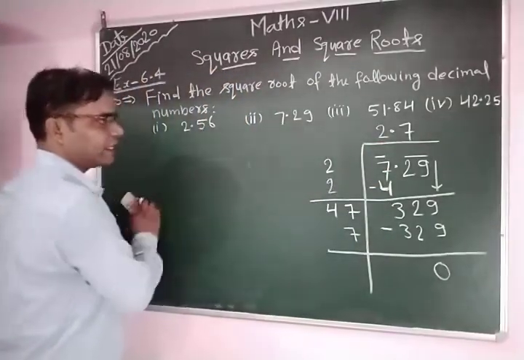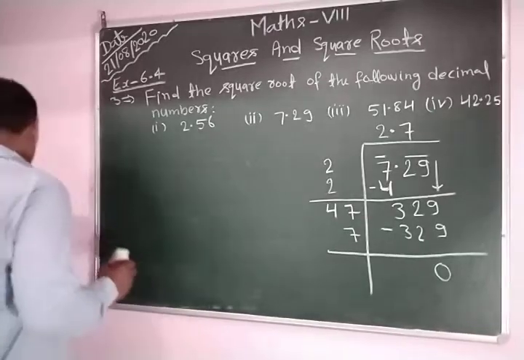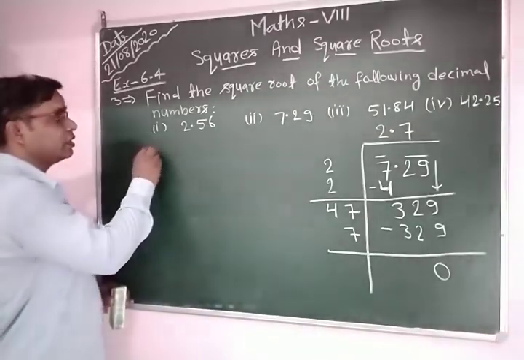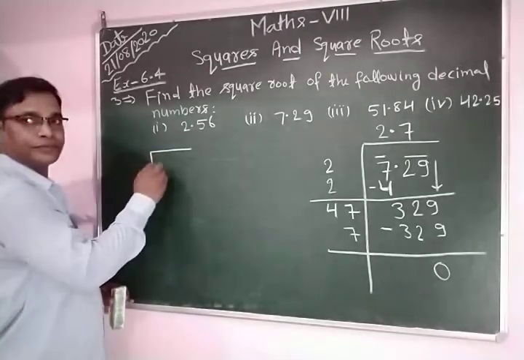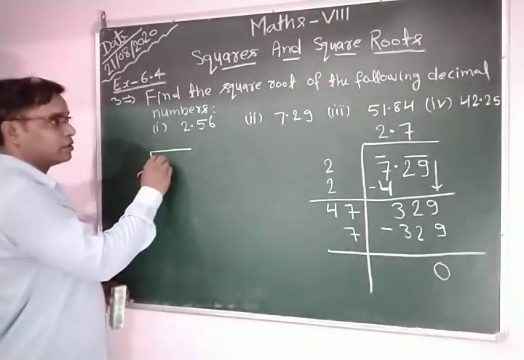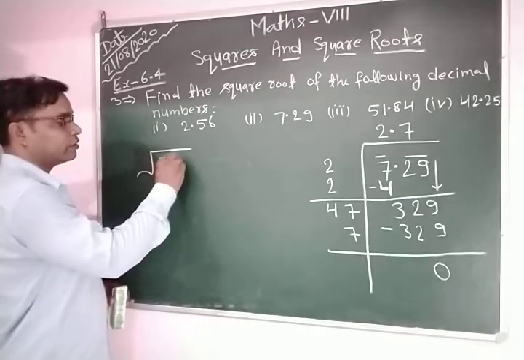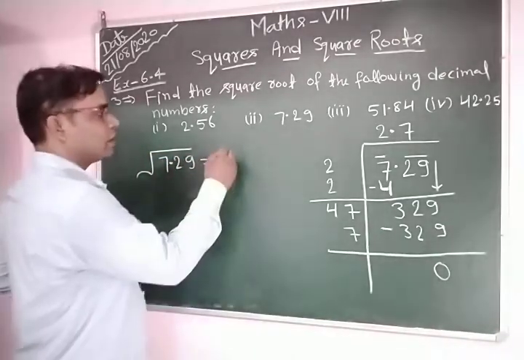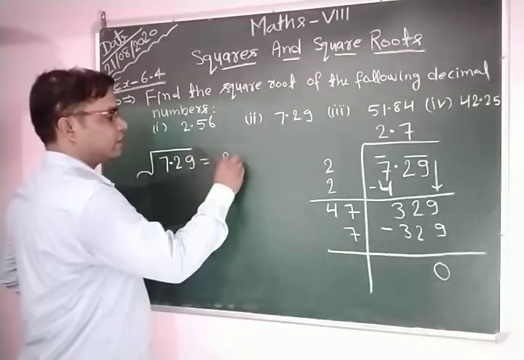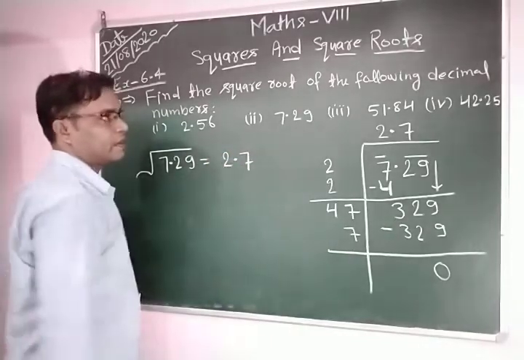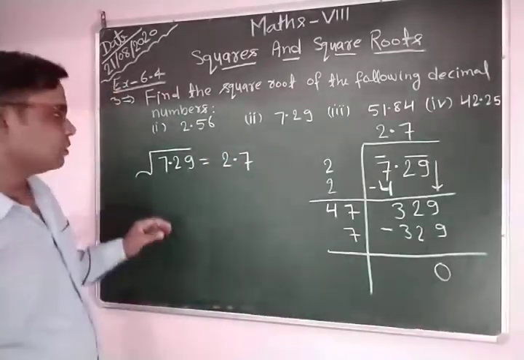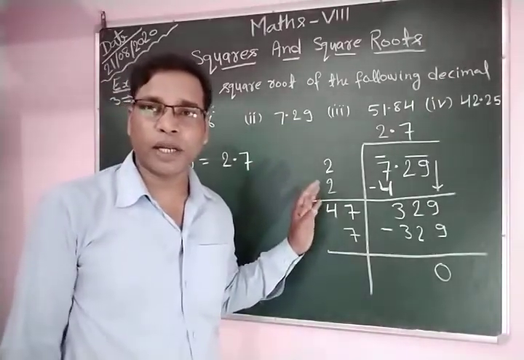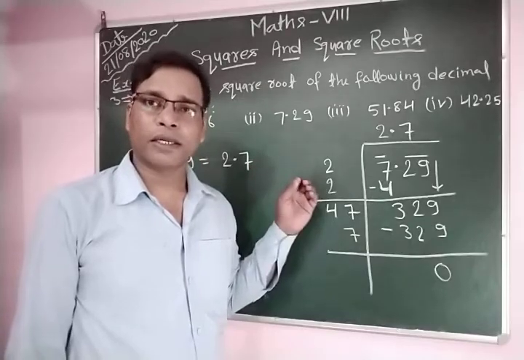So you can write here like this: square root of 7.29 is equal to 2.7. This is clear, students? I hope all of you understood this process, how to find the square root of the given numbers.